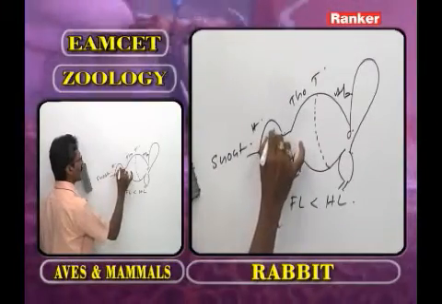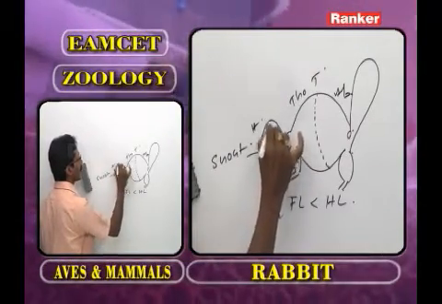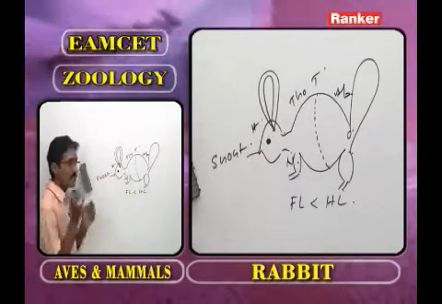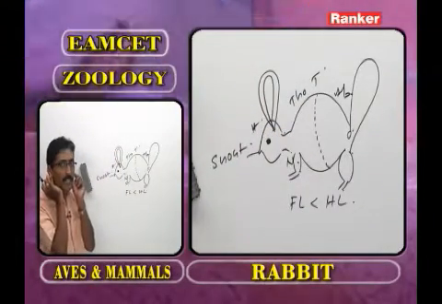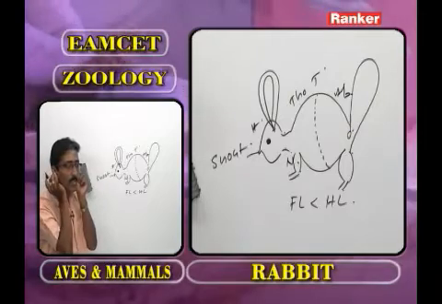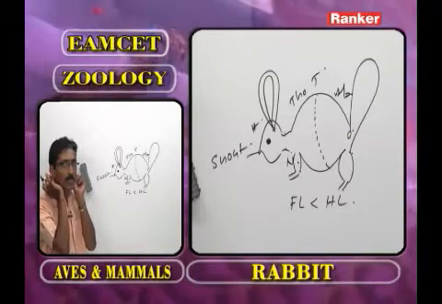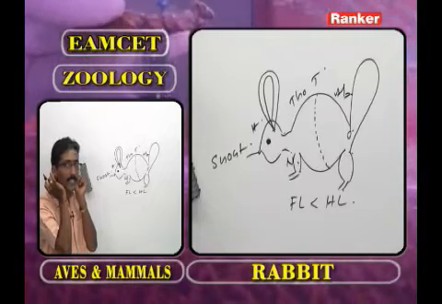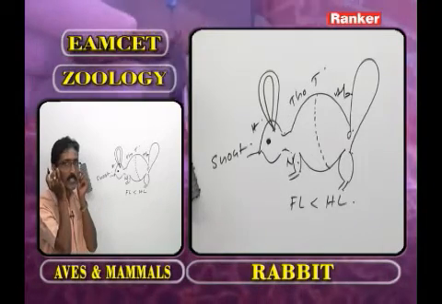Behind the eyes, on either side of the head, what are present? The large external ears. But we have small external ears. In our body, the ears are not movable, because the muscles present in the external ears are vestigial.